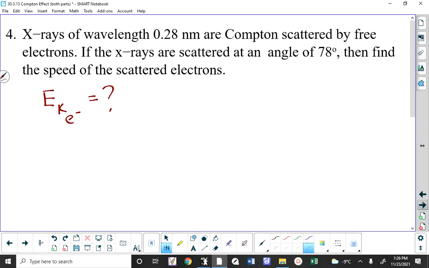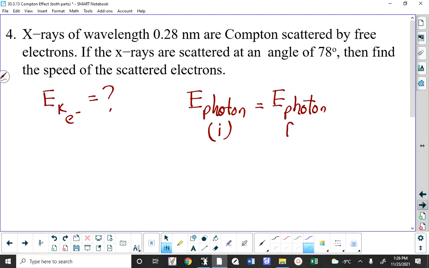Well, if we could determine the energy of the photon before and determine the energy of the photon afterwards, then we could use conservation of energy to find the kinetic energy of the electron afterwards.